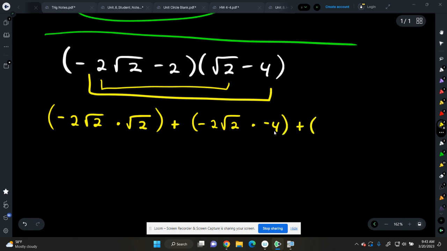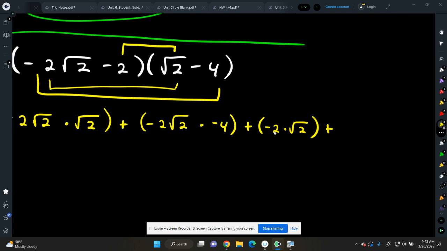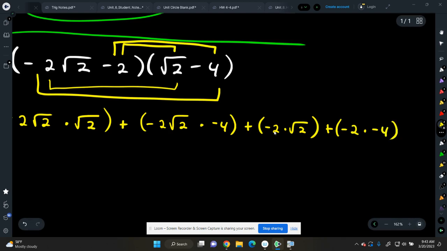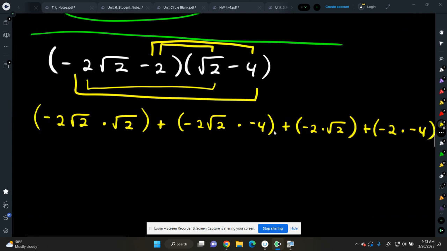Plus, and then we'll do this one. Negative 2 times root 2 plus, and the last, negative 2 times negative 4. Be careful with all those negative signs.